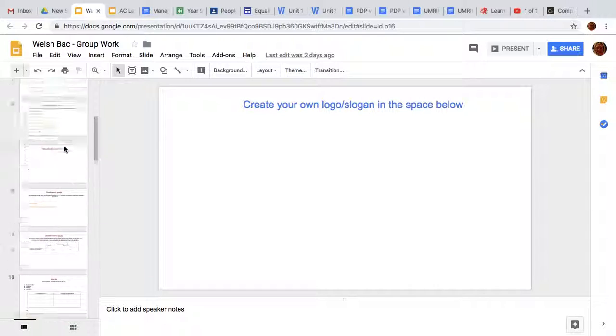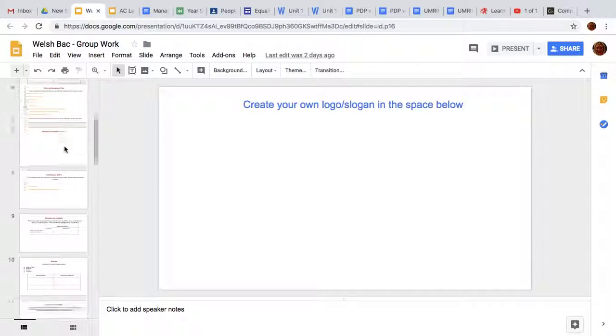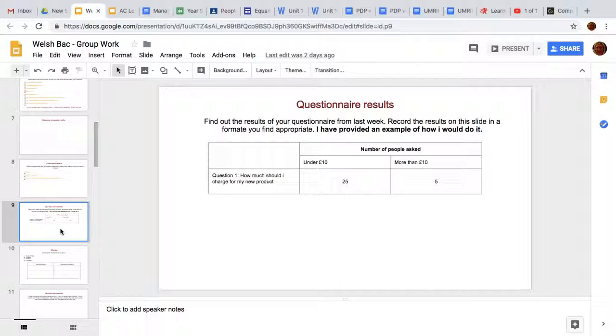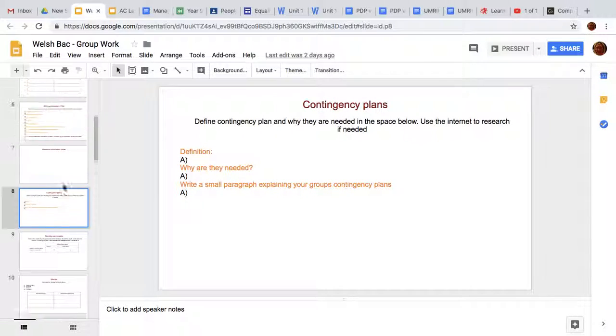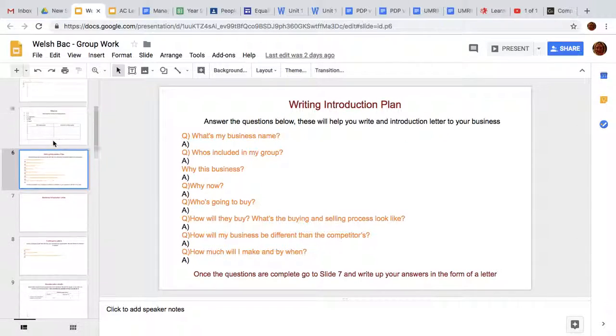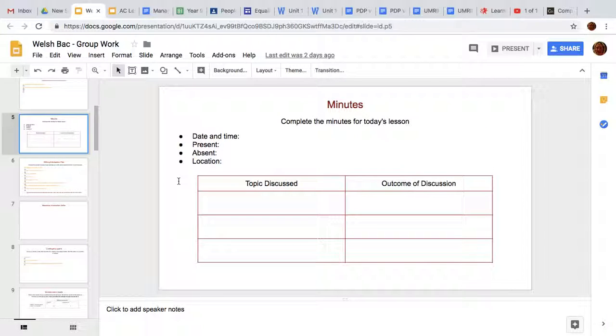Okay, and the managing director, as their final task, where is it? There it is. They're going to write up the minutes. They can use last week's lesson, where we sat in groups and discussed every single one of these tasks, as the actual minutes.